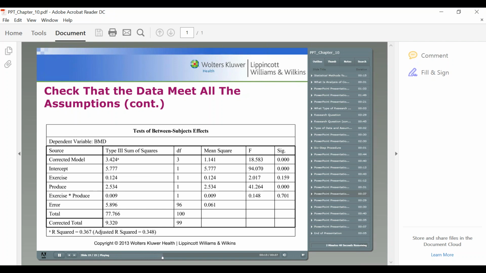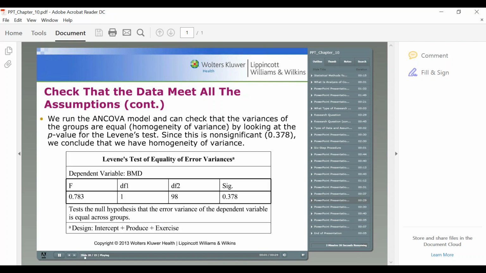Does it matter whether you exercise 0 to 2 times per week or 3 times or more? Is there some kind of effect or interaction? And basically what this is saying is no. It doesn't matter whether you're exercising 0 to 2 times or 3 or more times. There's no interaction. So that's important to understand.